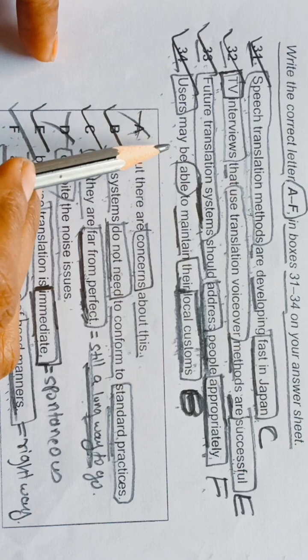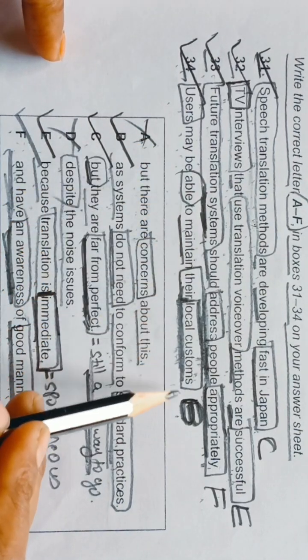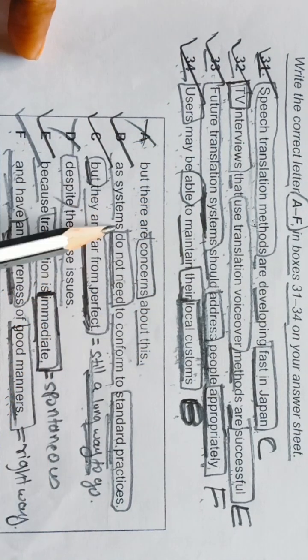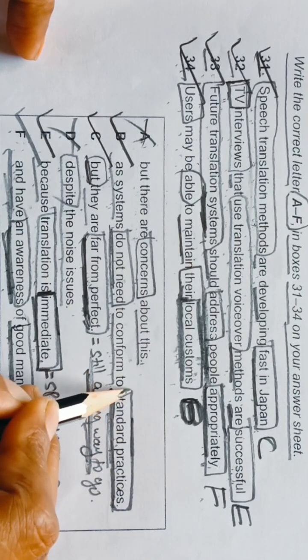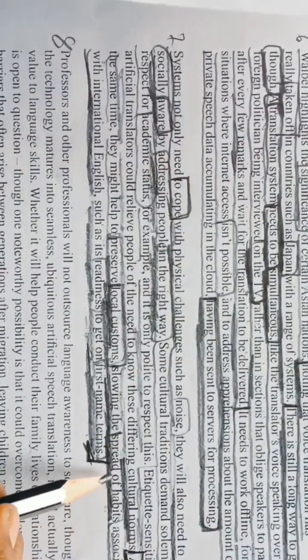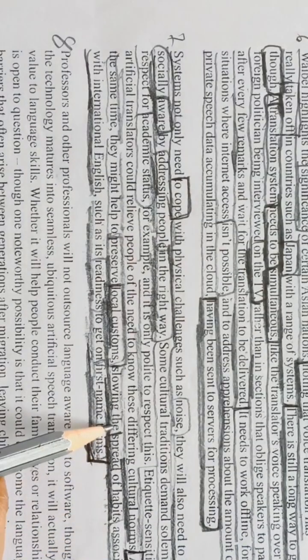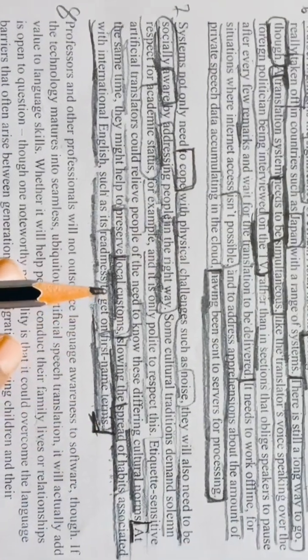Okay, users may be able to maintain their local customs as system do not need to conform to standard practices. Okay, here they are talking about spread of habits, slowing the spread of habit. Okay, I hope you understood this. So let's see whether we are getting our another keyword or not.